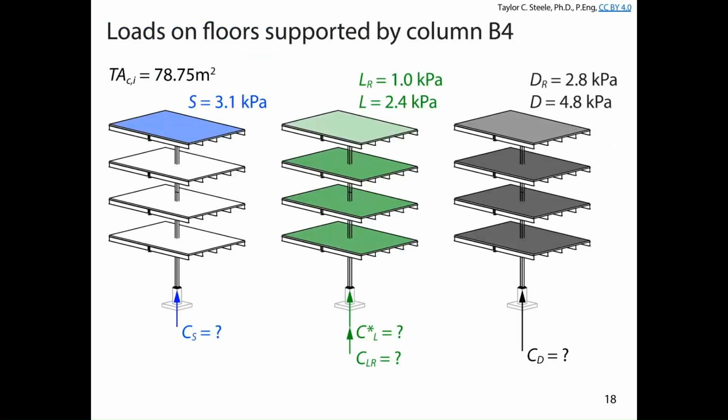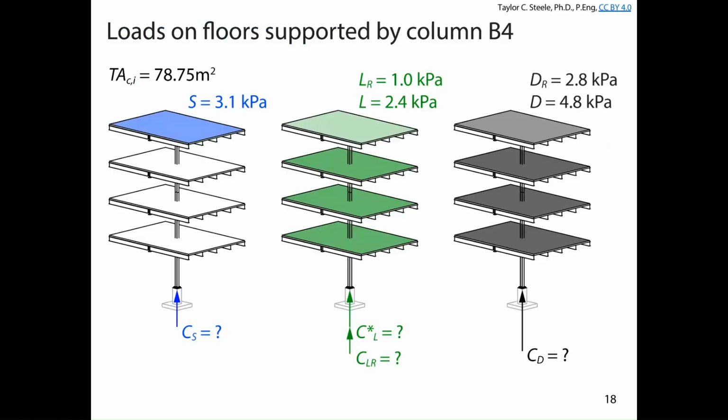So we're going to calculate that compression on the column due to the snow. That's just going to be equal to the snow load multiplied by the tributary area for the roof level. So I might say tributary area for 4. The area for these floors was all the same, 78.75 meters squared. We've got 3.1 kPa acting over that area. Force is pressure times area.